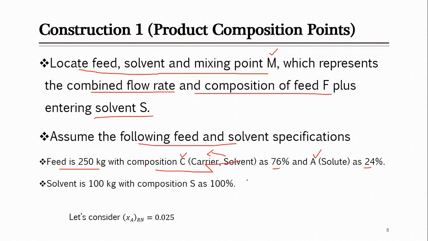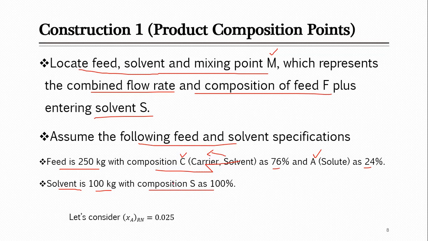At the same time you are introducing another solvent. Here it's general, not specific: you are not talking about water or acetone or any other system. It's only a feed consisting of two components, A and C. C is the carrier, remember this, because we have to use the same nomenclature in the next few slides. And the solvent is 100 kg here, and that's pure.